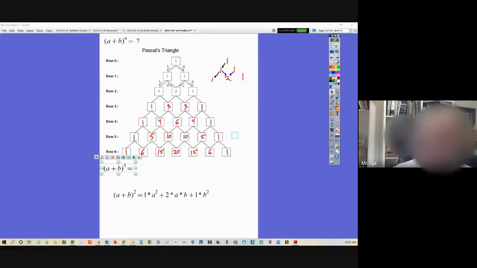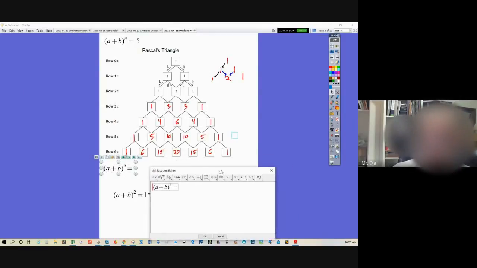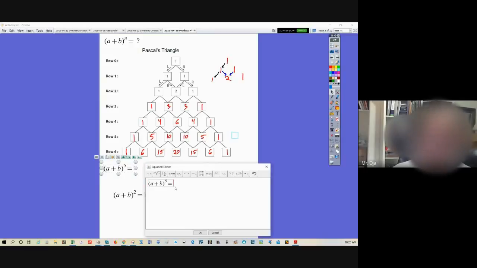Okay, so I'm going to get 1 times a to the 5th, plus 5 is my next coefficient, right? So 5 times a to what power?